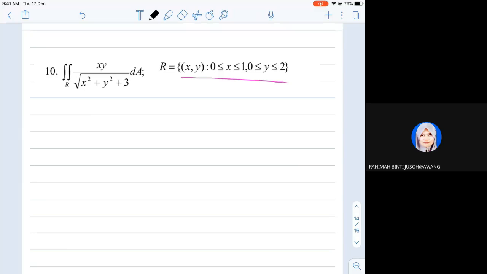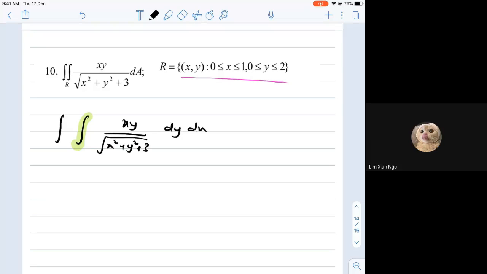Okay, let's do this question with dy dx: the integral of xy over the square root of x squared plus y squared plus 3, dy dx. Since you choose dy dx, the inner limit is from where to where? From 0 until 2, yes. And then x from 0 until 1.